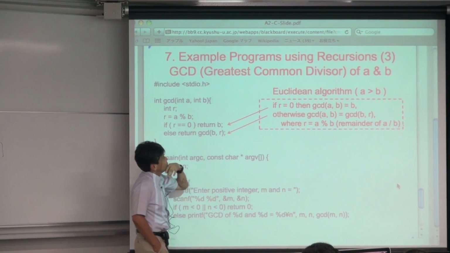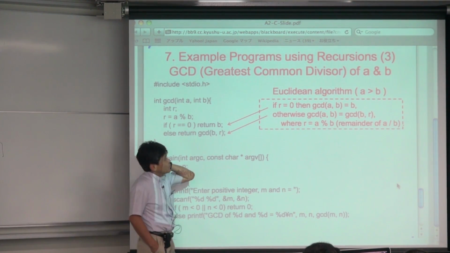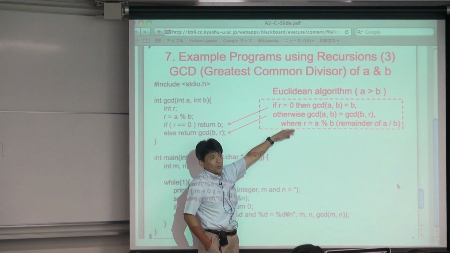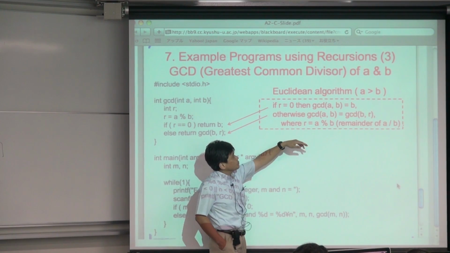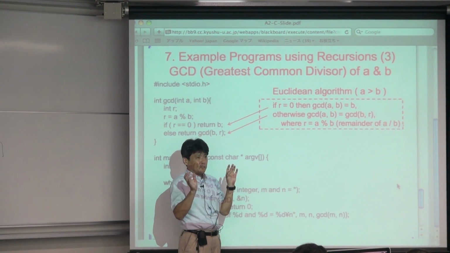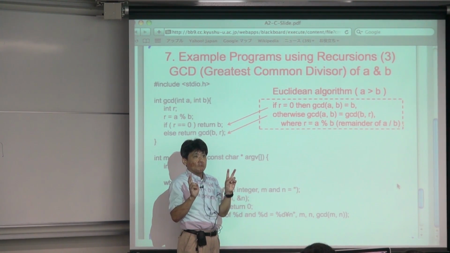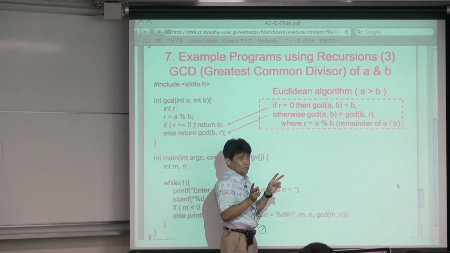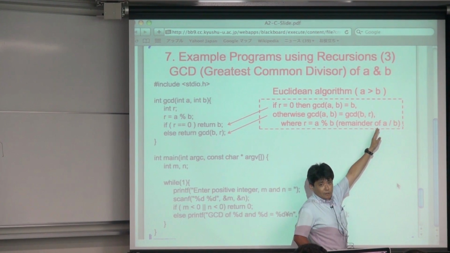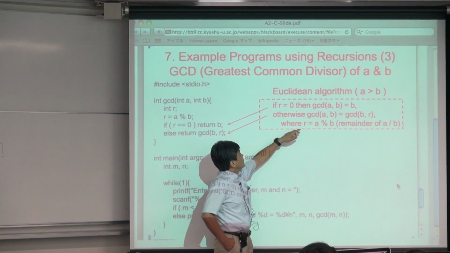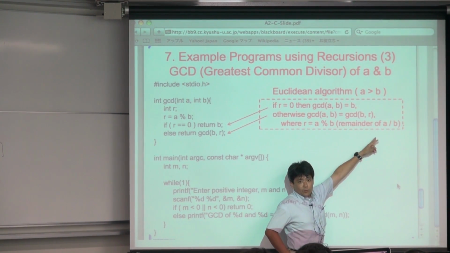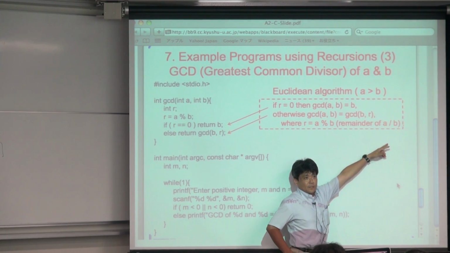Okay? So the famous algorithm is the Euclidean algorithm. This is the mathematical definition of the Euclidean algorithm. In this case, you have to give two integer numbers, a and b. Anyway, a should be larger than b. Okay? And r is the remainder of a divided by b.